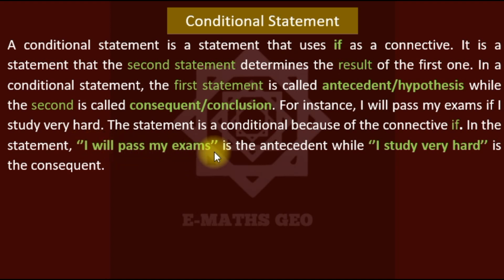So I will pass my exam is the antecedent, while I study very hard is the consequence. So in any conditional statement, the second statement, the consequence or conclusion, is the major statement that determines how the result will come out, how true it will be. We do it more in truth tables. So let's look at another statement.